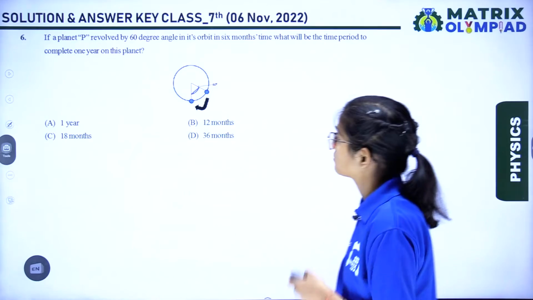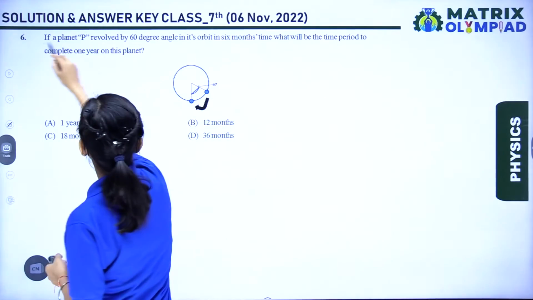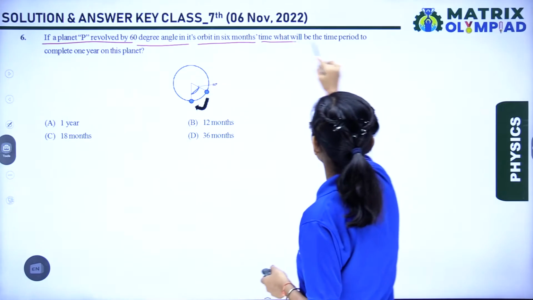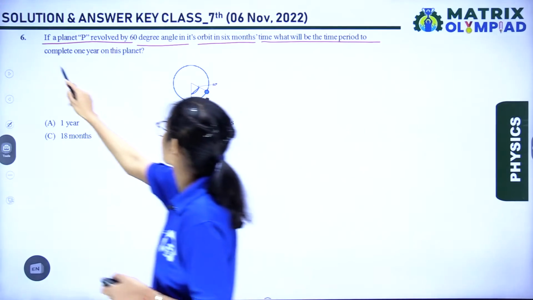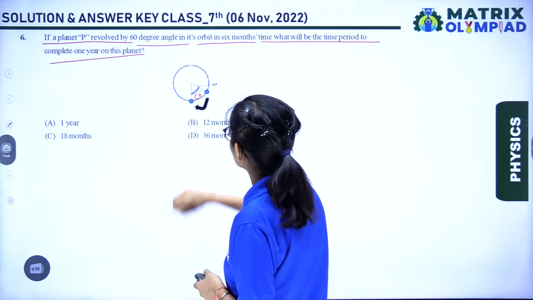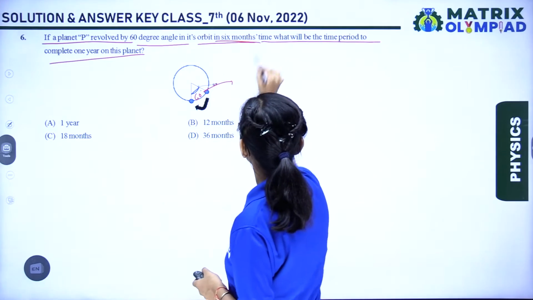Now come to question number 6. If a planet P revolves by a 60-degree angle in its orbit in 6 months, what will be the time period to complete 1 year on this planet? That 60 degrees is completed in 6 months.